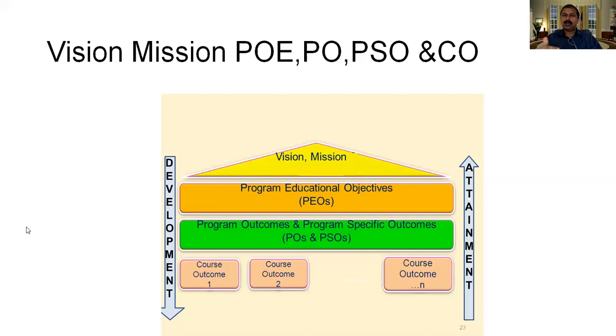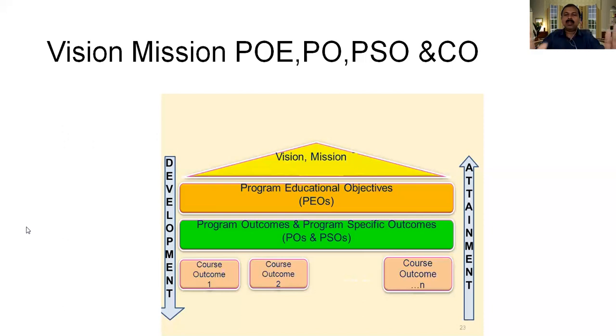If the program specific outcomes and program outcomes of an institution are achieved, if the students are attaining them, later they will surely attain the program educational objectives. And if the students are able to demonstrate the program educational objectives in their real life, maybe after 5-6 years of graduation, then the college can definitely say that we are achieving the mission and vision of the institution.